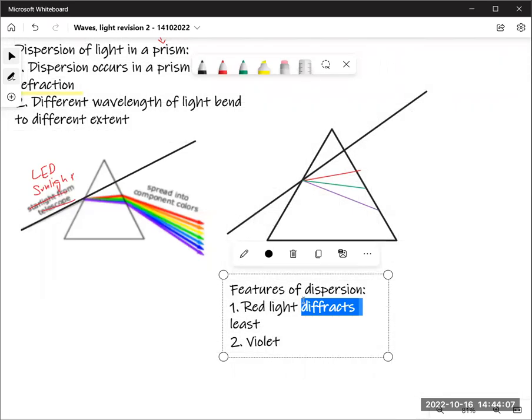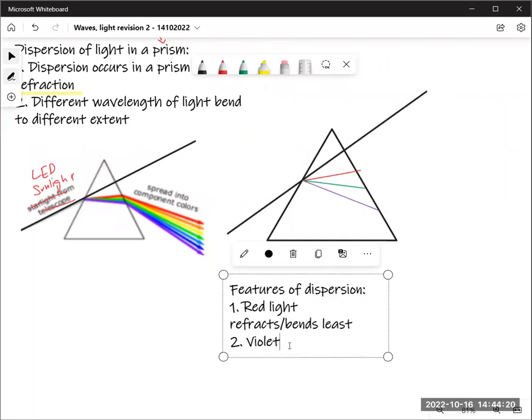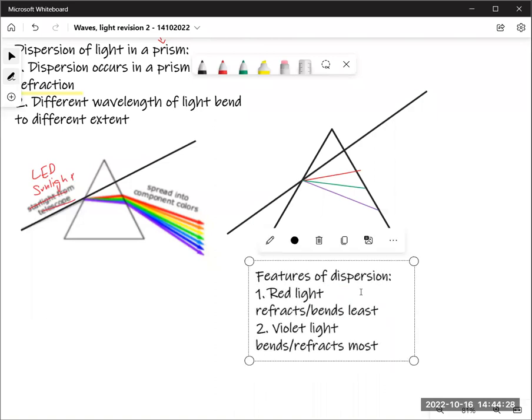You can draw it, but I would not prefer it. Just write this down. Red light refracts or bends least. Violet light bends or refracts most. That's all you need to know here. And green is always in the middle.